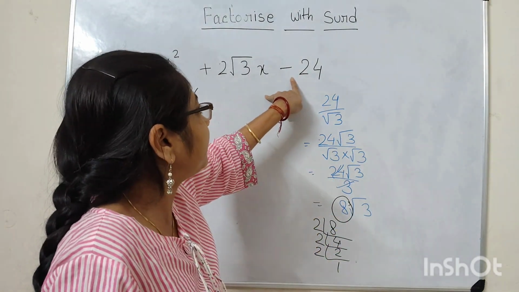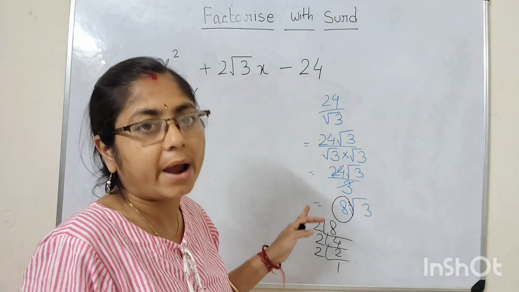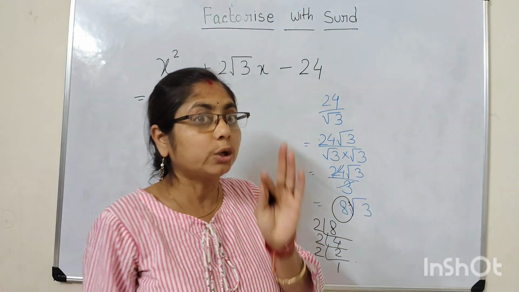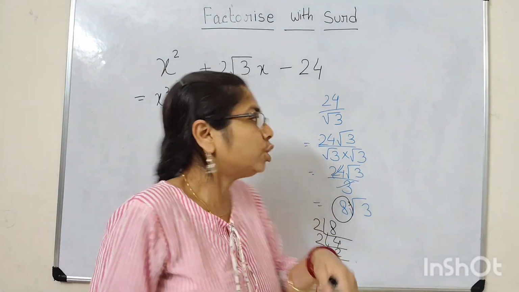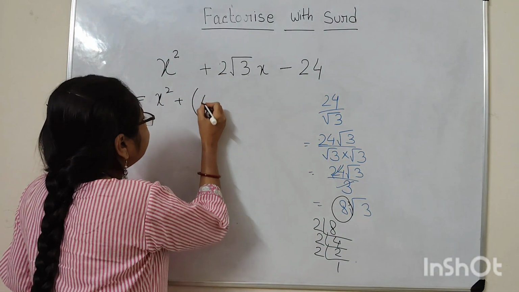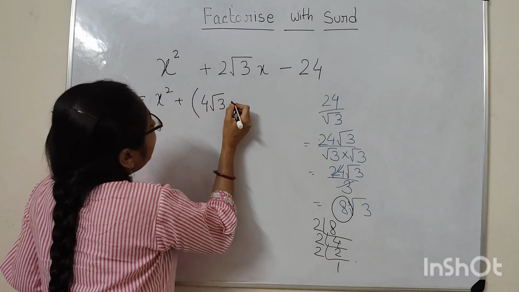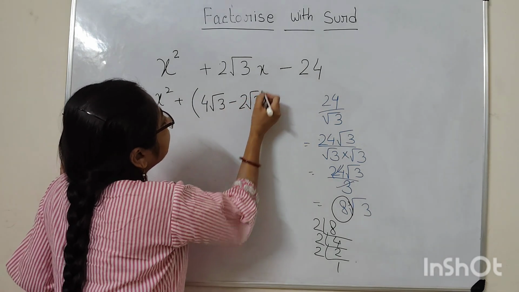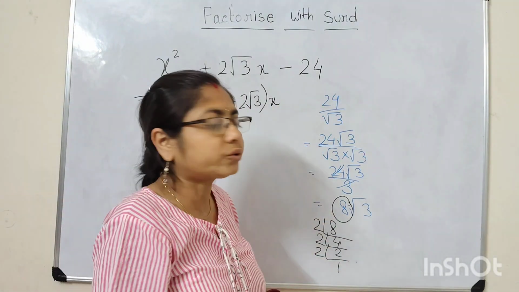Before that there is a minus sign. So how can I write? 4 minus 2. Okay? But at that time we use root 3 because our third part is root 3. So I can write 4 root 3 minus 2 root 3. Then x. 4 minus 2, it is 2 root 3.